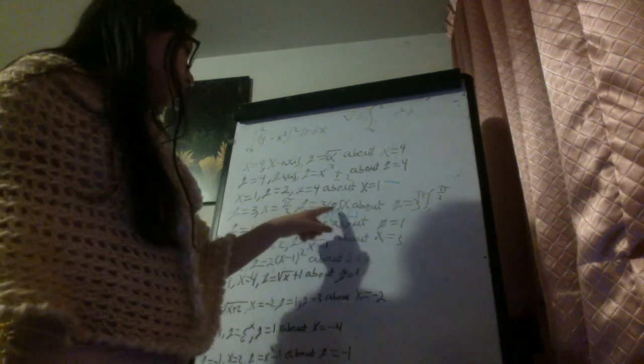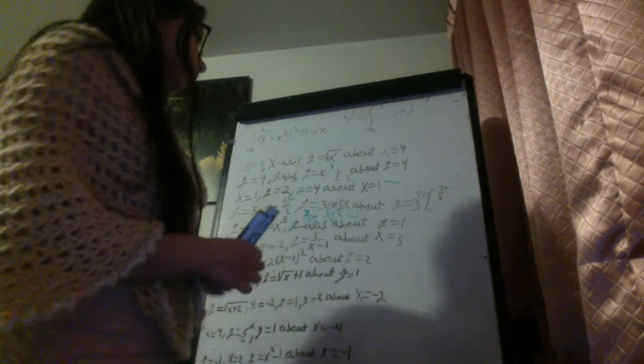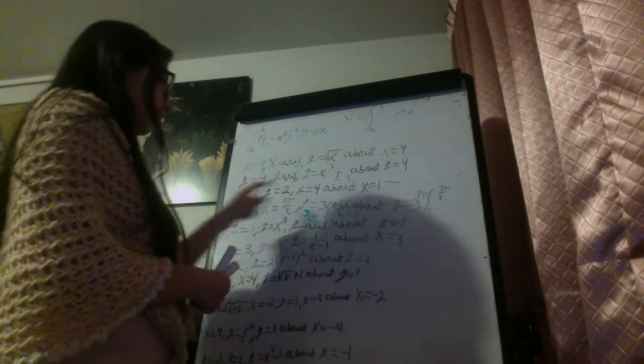So 3 is greater than y equals 3 cosine x. So we subtract this from this and then square it. So it's 3 minus 3 cosine x, all this squared, dx.